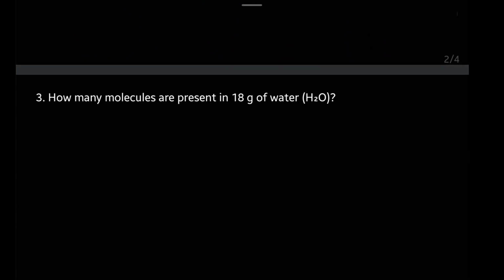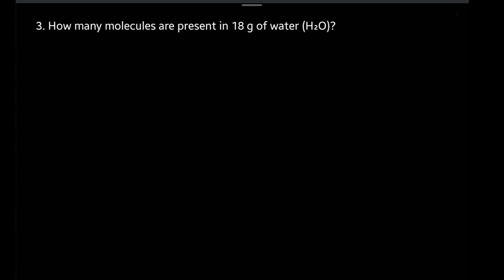And so next question, how many molecules are present in 18 grams of water? So this just asks how many atoms are present in 18 grams of water. So first things first, we calculate the molar mass we have here, and then we convert it into mole.